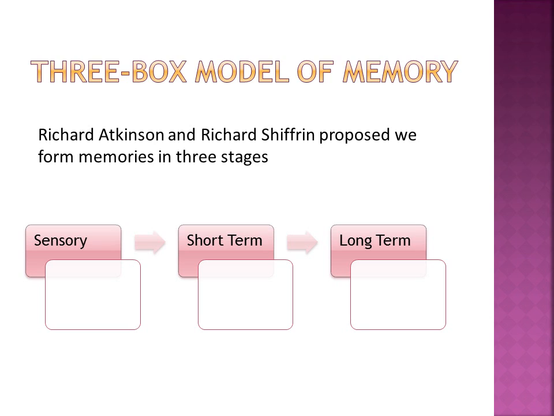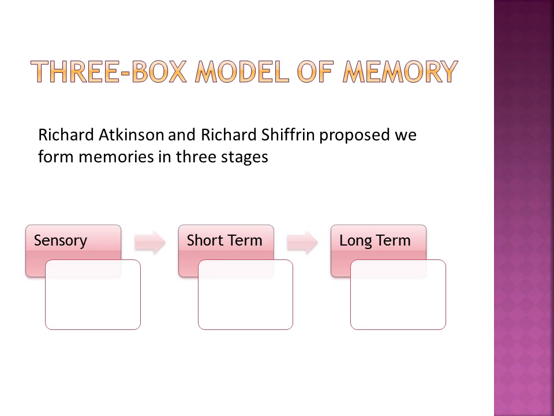The other theory is the three-box model of memory. This is the one that we will explore in detail about how our memory works. Richard Atkinson and Richard Shiffrin proposed that we form memories using these three stages. The first memory we experience is the sensory memory, a very quick experience, okay, a flash of a light, right?